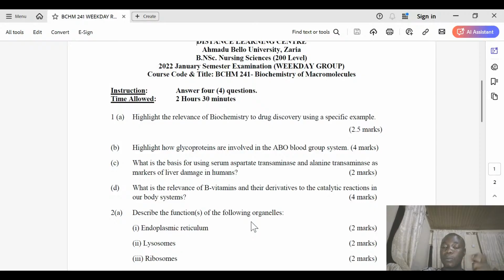So when there is liver damage, when there is necrosis or serious damage in the liver, the content of the liver will be released into the blood. So whenever you take a blood or serum sample and you realize that the concentration of aspartate and alanine transaminase is high, that means there is liver damage.